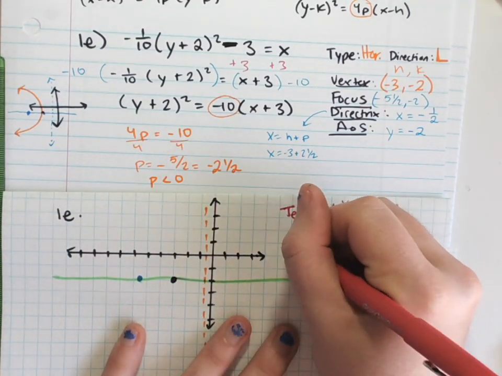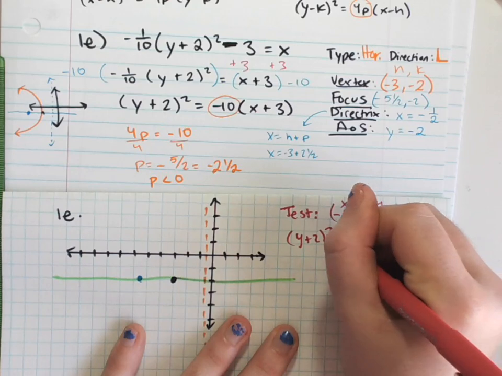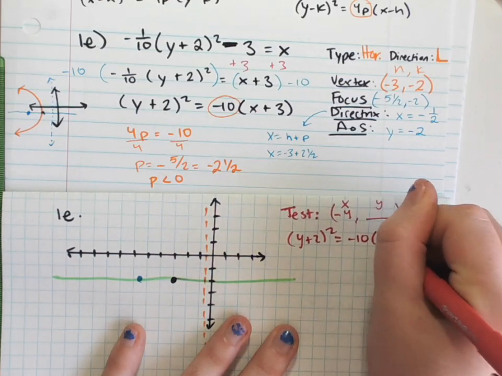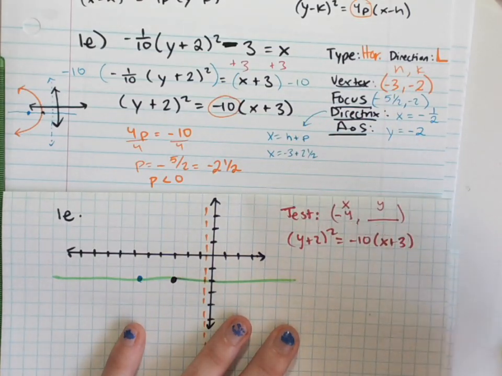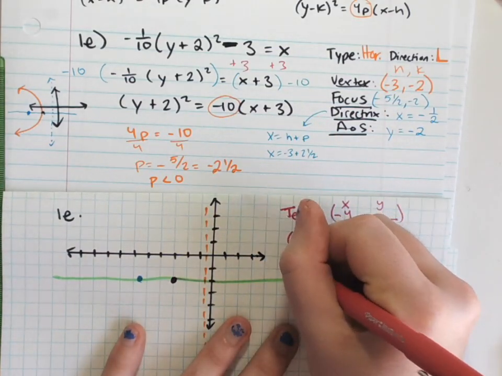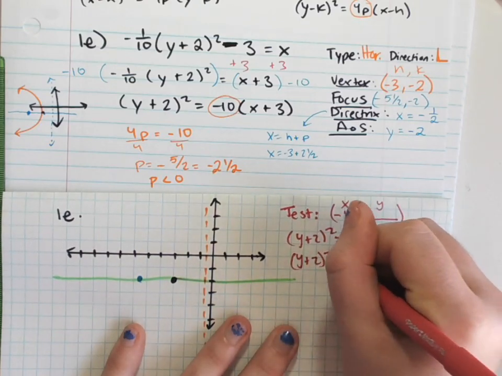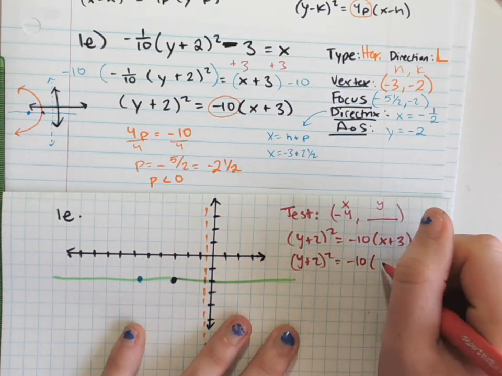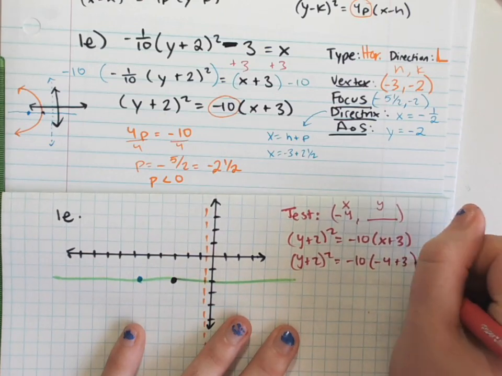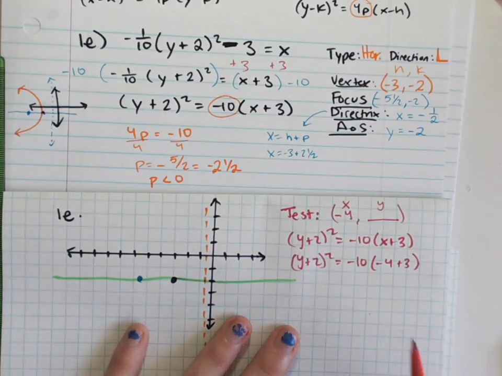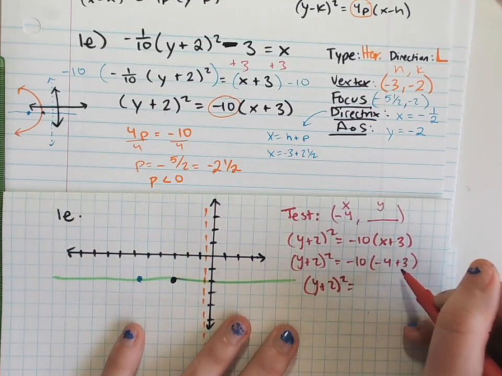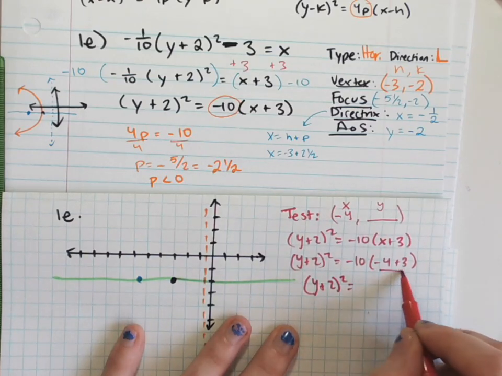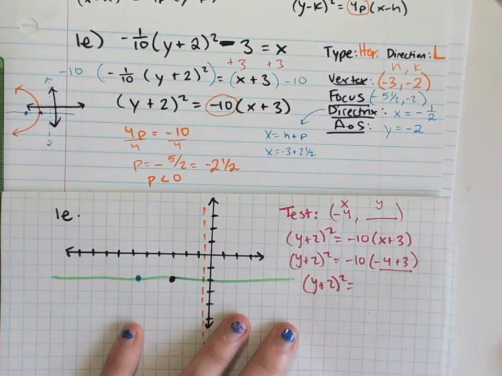If my equation is y plus 2 squared equals negative 10 times x plus 3, that was from right here, I'm going to plug in x and solve for y. Y plus 2 squared equals negative 10 times negative 4 plus 3. This is negative 1, right? Negative 4 plus 3, and if we multiply by negative 10, I get positive 10.